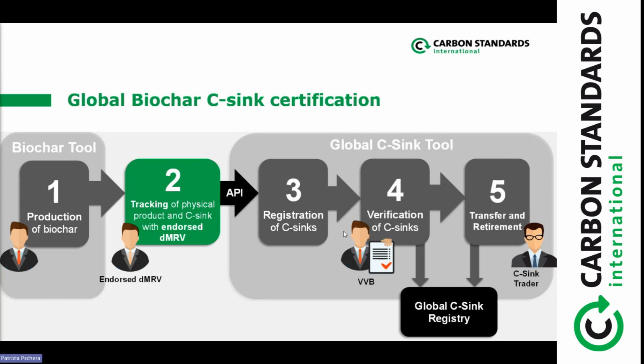A verification of the C sink takes place by the VVB, so Ceres in our case, and then the credits are visible in the Global C Sink registry and can be transferred and retired by so-called C Sink traders. That's a role that we offer at Carbon Standards, to be able to retire C Sinks in the registry.